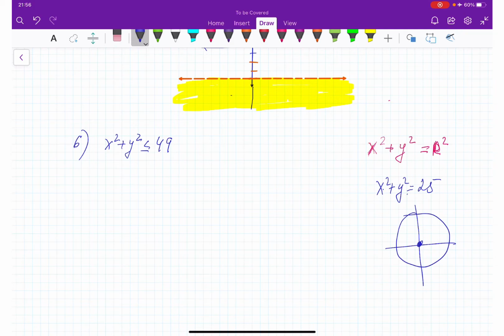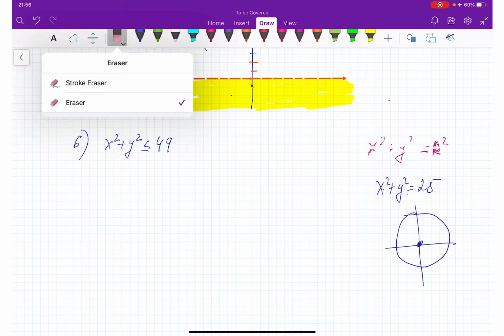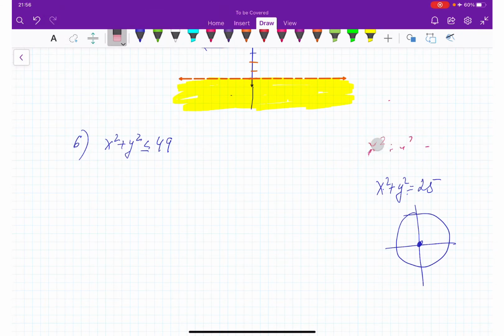Otherwise, the general form, let me put the general form. It's going to be x minus h squared plus y minus k squared less than r squared. r squared is the radius of the circle.